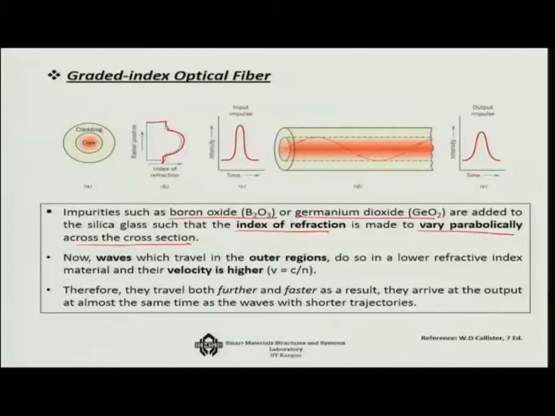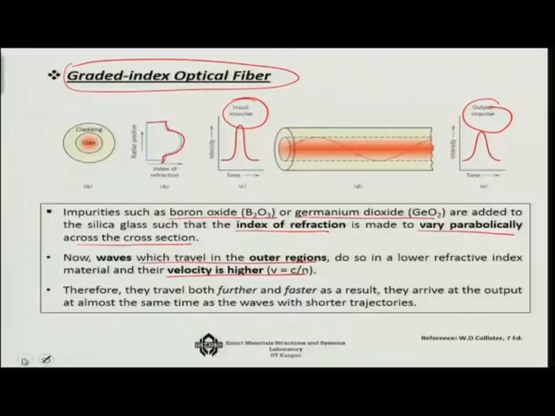If it varies parabolically, then waves which travel in the outer regions do so in a lower refractive index material, and their velocity is higher, and those which are in the inner region, their velocity is slower. As a result, you get the same nature of the input and the output pulse, so broadening of the pulse does not take place. So that is the better part of the graded index optical fiber.